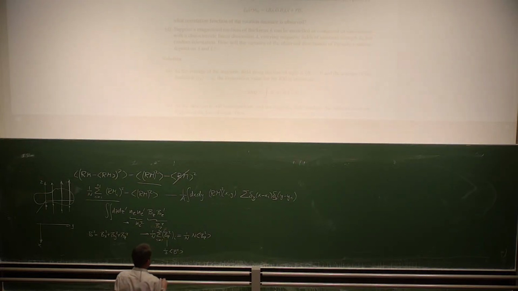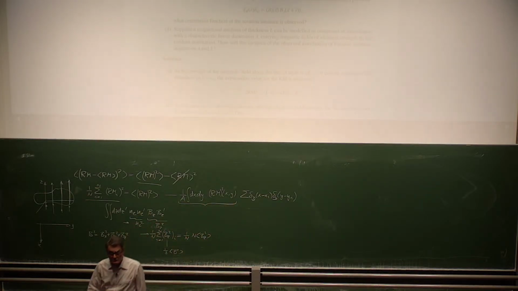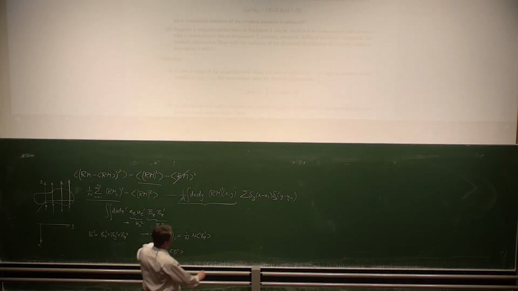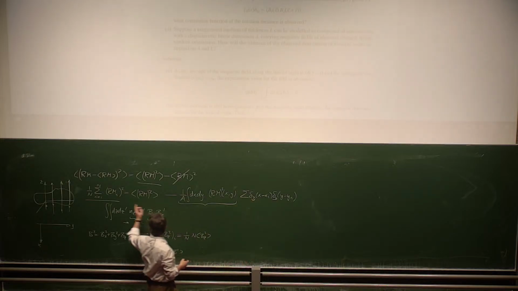But if you had a continuum of light rays, in other words, a light bundle, that would be the integral over the coordinates. And if you dissolve the light bundle into individual rays, you're back here.